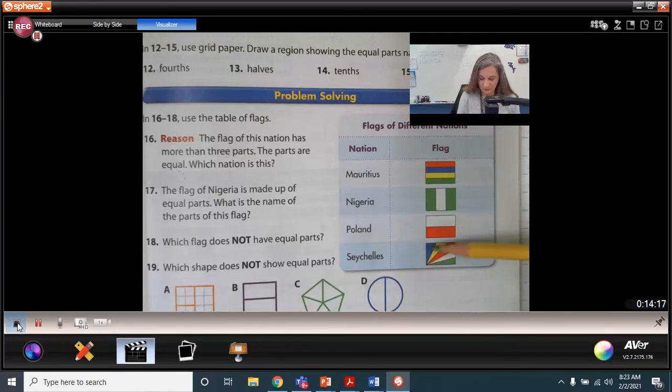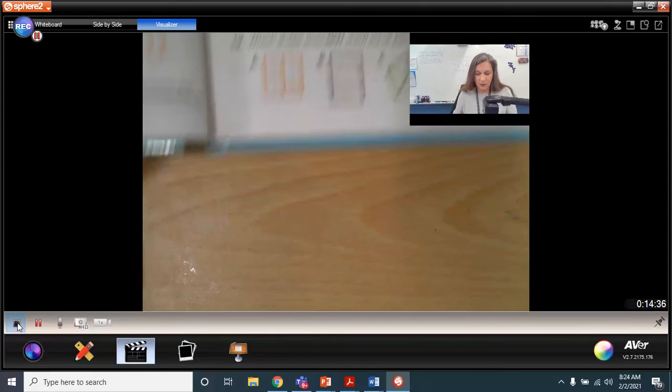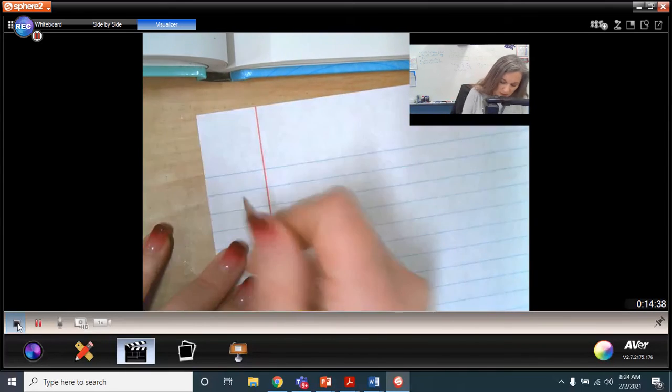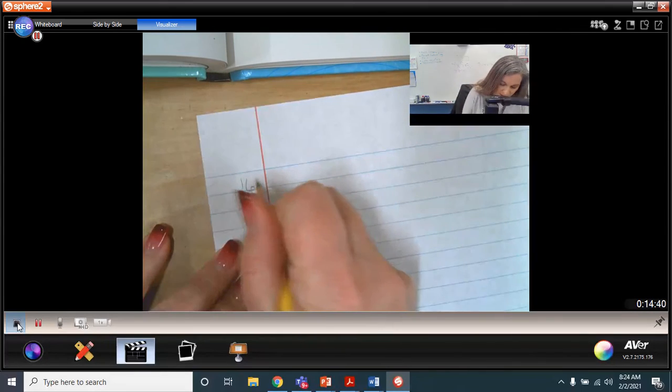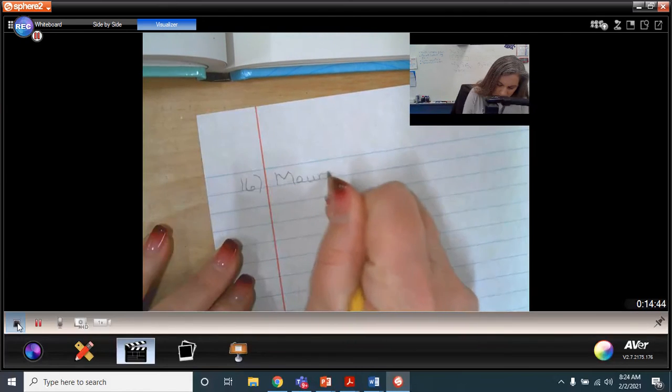No, we have many different sizes of triangles, except for this center one here. So if we were going to answer this question with the clues that are given, we would say Mauritius would have to be the flag that they are describing here. Mauritius.